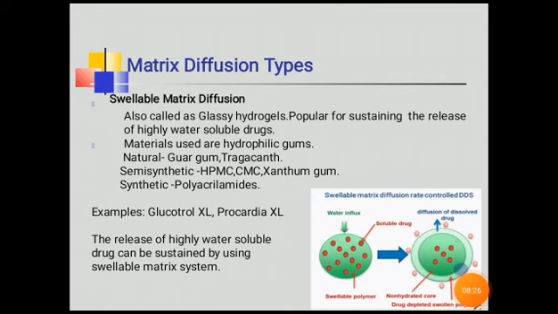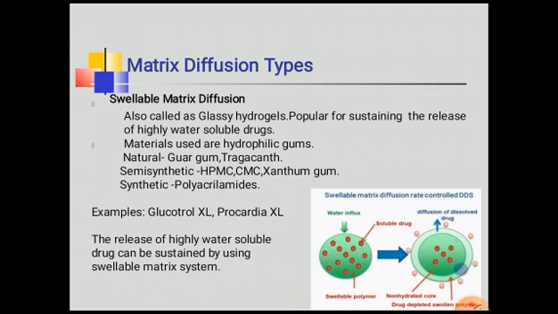After absorbing, the surface of the polymer should get enlarged, it should swell, and after that the pore size should enlarge, and only then does the drug diffuse from higher to lower concentration. So this whole process takes more time compared to a dissolution system. That's why, when we have to formulate a sustained drug delivery system, we can use this soluble matrix diffusion system, especially in case of highly water soluble drugs.